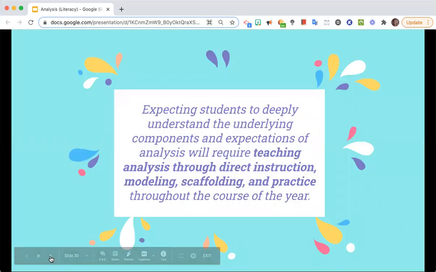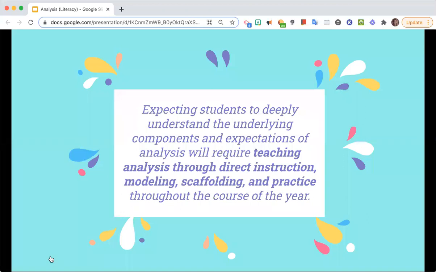So this excerpt on the screen comes from a publication by the Center for Assessment based on the implications of text-dependent analysis in the classroom and what it means. And I just want to take a moment to read it.